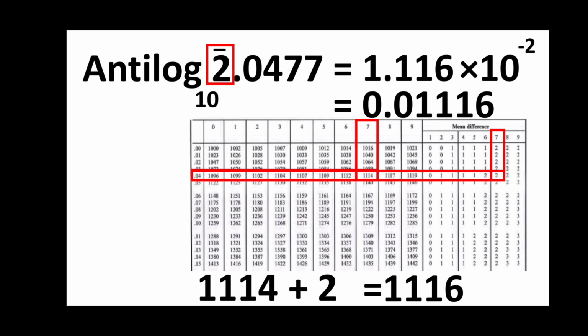Now, very important, what if the question is given as a negative number? Let's see with one example. First, we must make the mantissa positive. For that, make two parts of these numbers and write like this.